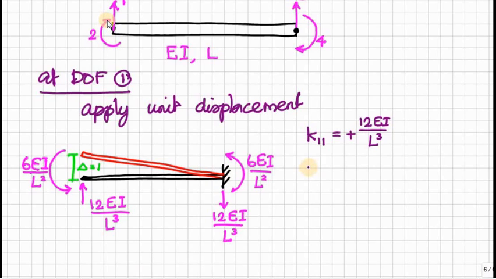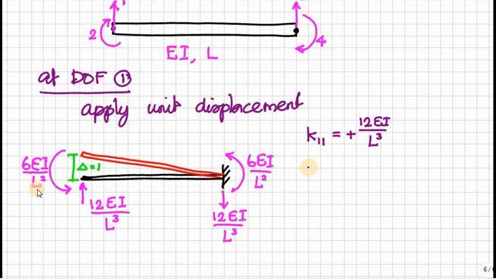Degree of freedom 2 is the rotational one, therefore we have to measure the moment at node 1 along degree of freedom 2. Here one moment is acting at node 1, which is 6EI by L squared, but the direction is just opposite. The degree of freedom is assumed clockwise, but the actual moment is acting anti-clockwise.